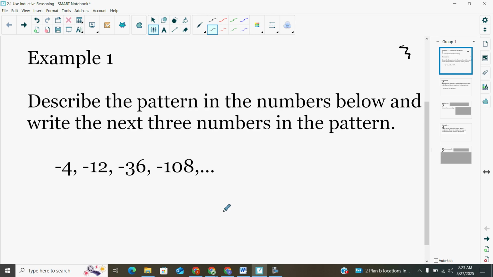Next thing you would maybe try is, is there something I can multiply by to go from here to here? Well, that's times 3, and -12 times 3, and -36 times 3 does give us -108. We are multiplying by a positive number because all the numbers are indeed negative. So there's our pattern. Describe the pattern: multiply by 3.